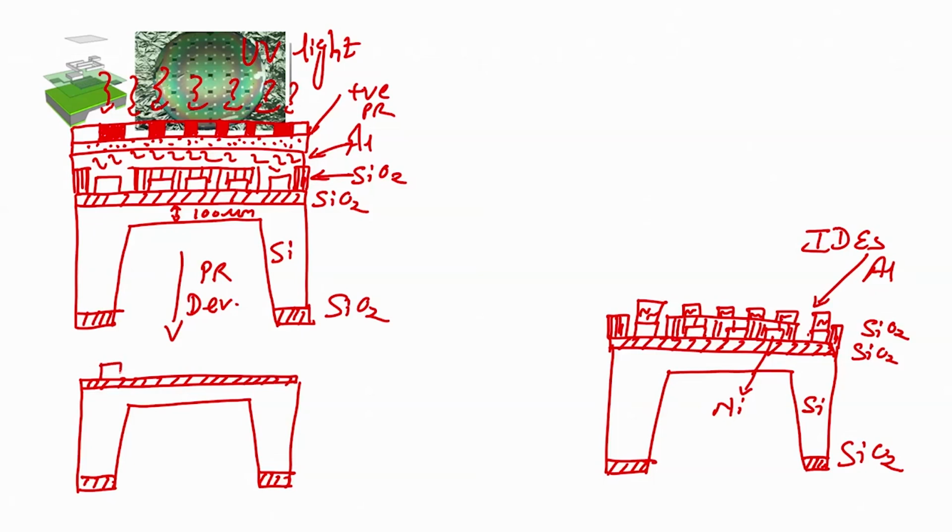When we perform PR developing, we will have oxidized silicon wafer with a micro heater, silicon dioxide, aluminum, and photoresist.